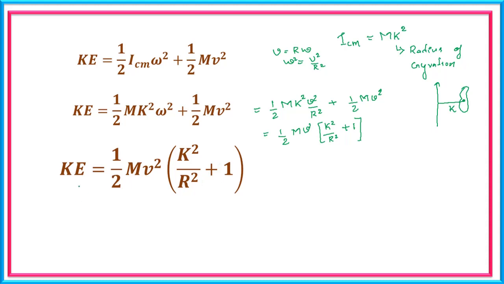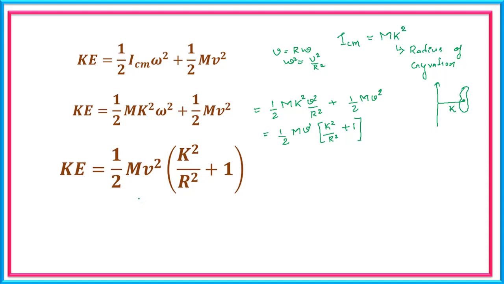And this is the kinetic energy of a rolling body. Therefore, I can also write the kinetic energy of a rolling body in terms of radius of gyration and the radius of the body as half mv square into k square by r square plus 1. This is the kinetic energy of a rolling body.